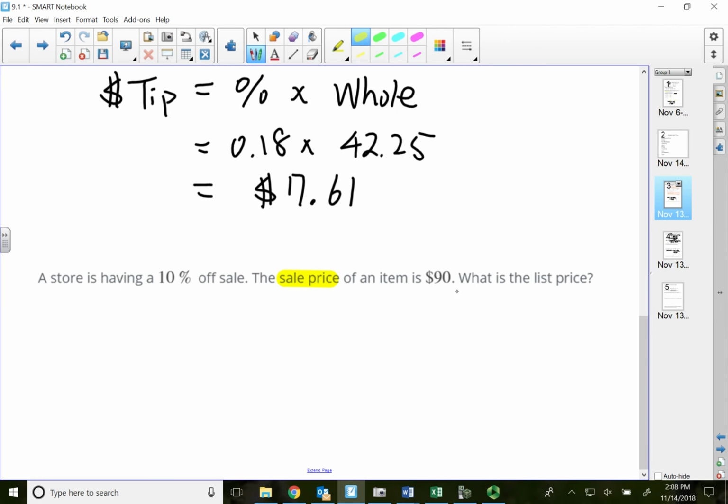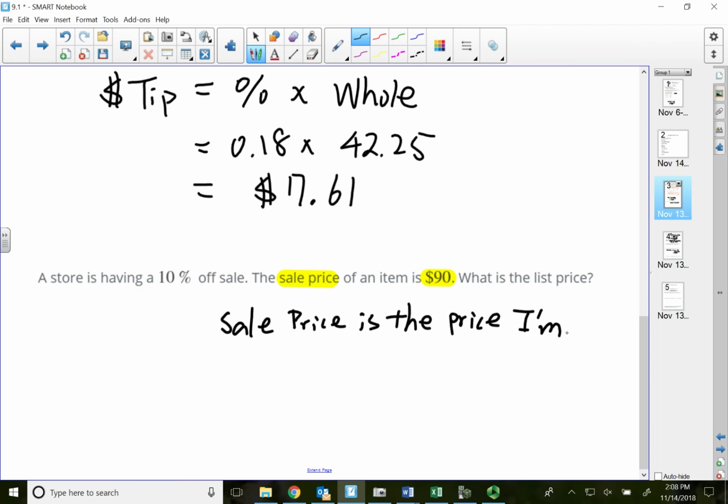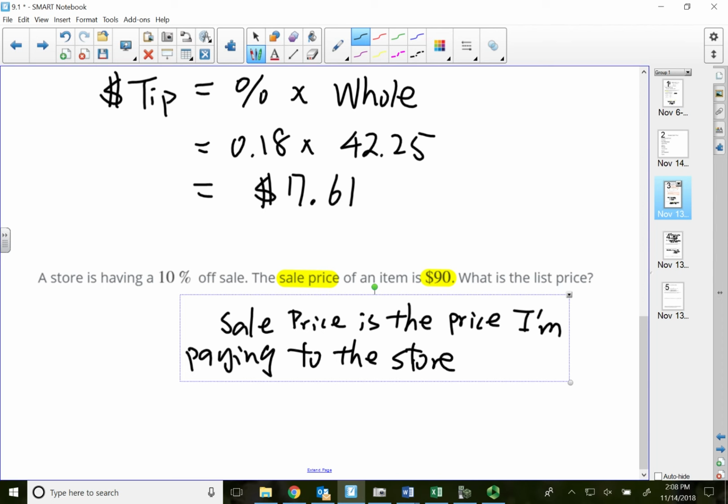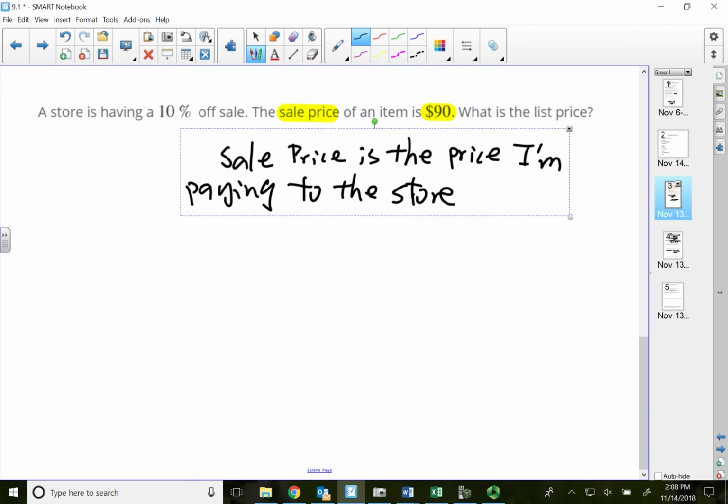Another way of thinking about sale price is the price I'm paying to the store, right? Because remember now, normally when we go shopping, every item has a price, and that price that we see on the shelf goes to the store. But then we also got to pay taxes, and that tax part goes to the government. So sale price literally is the price I'm going to pay to the store.